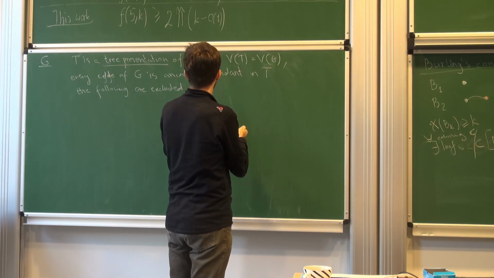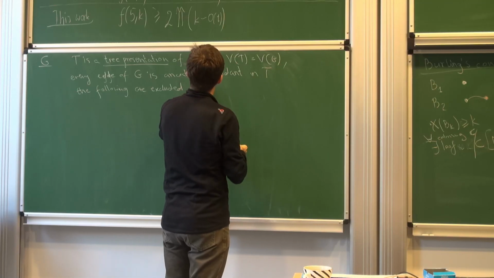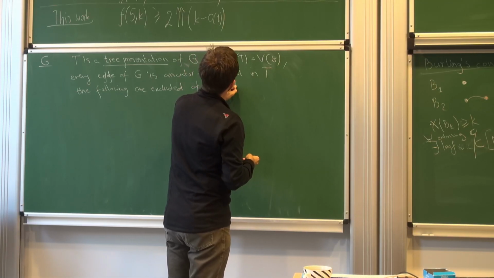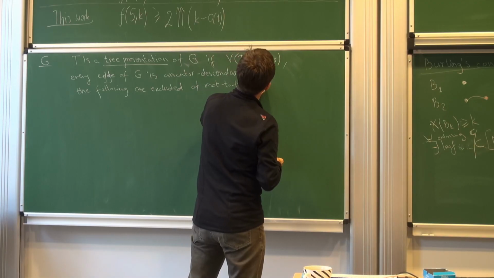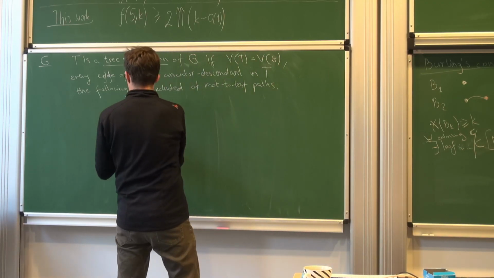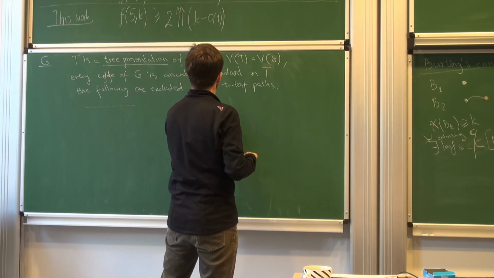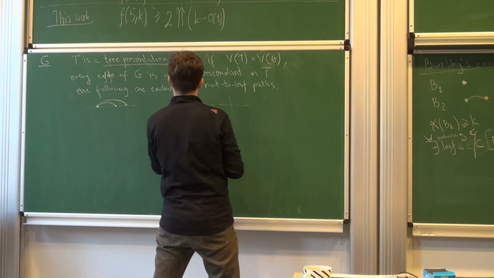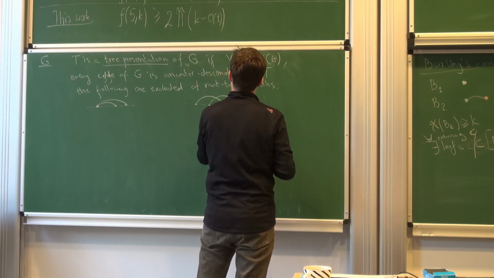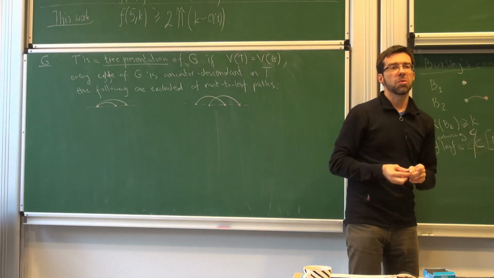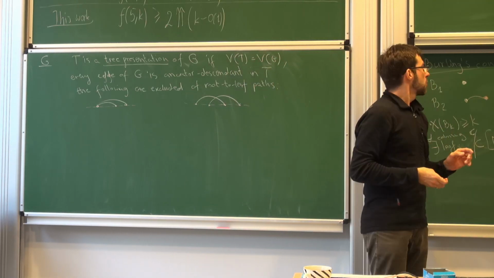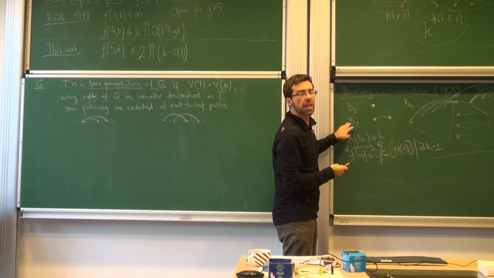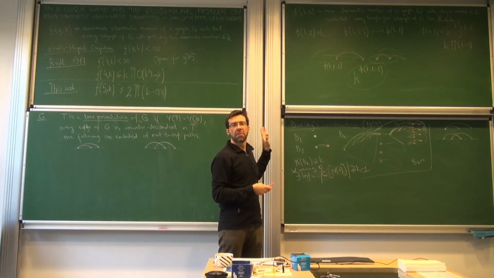Exactly those configurations there are excluded on root-to-leaf paths. So this is excluded, and this is excluded. Okay, so we see that those Burling graphs, B_k, have a tree presentation.